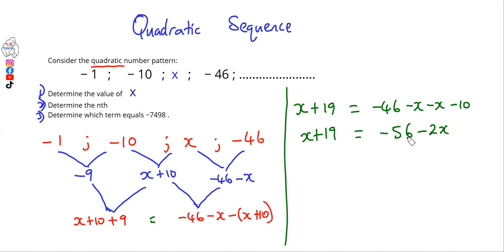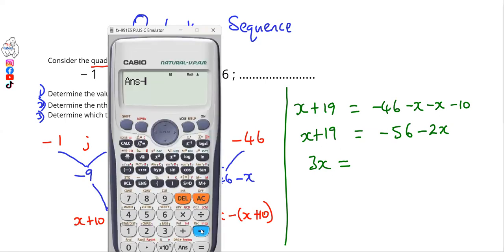Then we take our x to that side, it's going to be 3x. When it comes there, it's going to be 2x positive, plus x will be 3x equal to negative 56 minus 19, which is going to be negative 75.